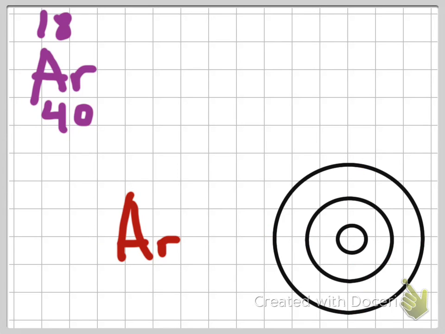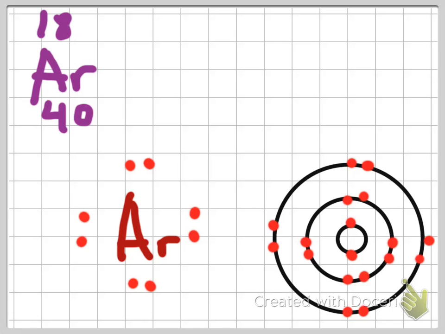And finally, argon. And we're going to go ahead. 1, 2, 3, 4, 5, 6, 7, 8, 9, 10, 11, 12, 13, 14, 15, 16, 17, and 18. And that means that this one is a noble gas, very stable type of element.